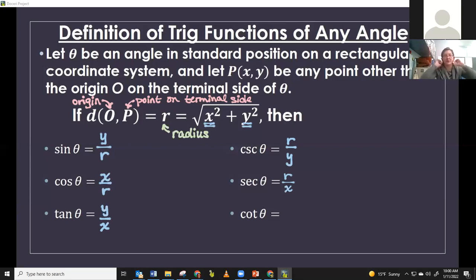I feel so much better today than yesterday, however, I've been saying some absolutely crazy things. What would my cotangent be then? X over y. Yes. Love it.